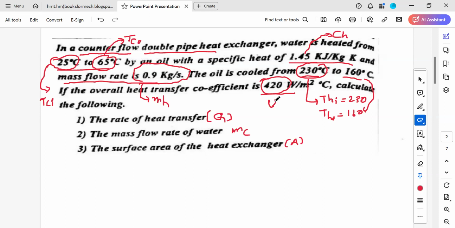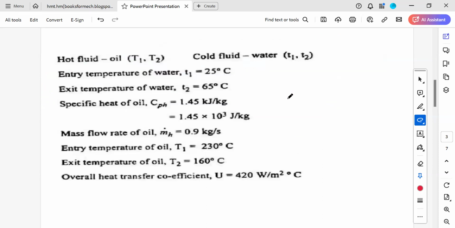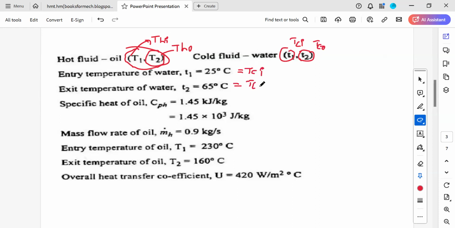For the hot fluid, they have taken capital letters T1 and T2. T1 is nothing but THI, and T2 is nothing but TH naught. Similarly, for the cold fluid, small t1 is TCI, and small t2 is the cold fluid outlet temperature, TC naught.